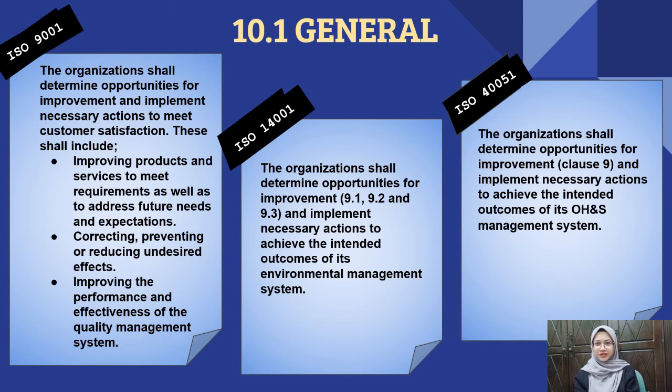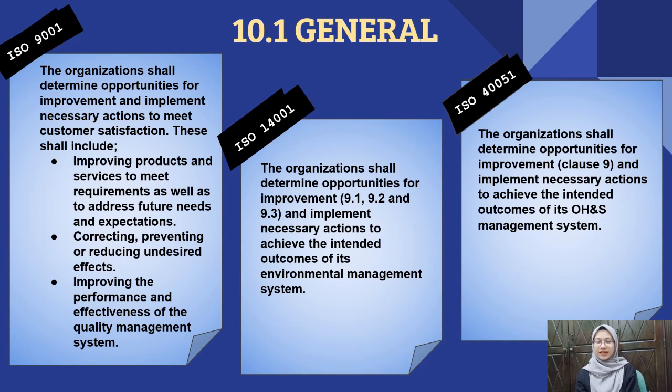We move to General ISO 9001. The organization shall determine opportunities for improvement and implement necessary action in order to meet customer satisfaction. This includes improving products and services, correcting, preventing, or reducing undesired effects, and improving the performance and effectiveness of the quality management system.